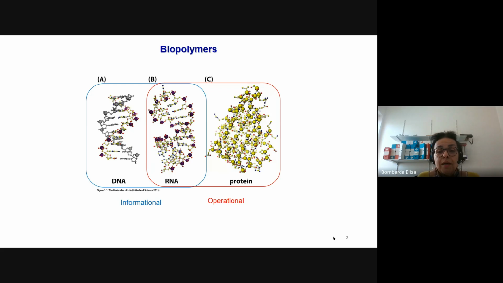And so, the building blocks in proteins are the amino acids, and the building blocks in nucleic acids, DNA and RNA, are the bases. This is also important, as we will see.